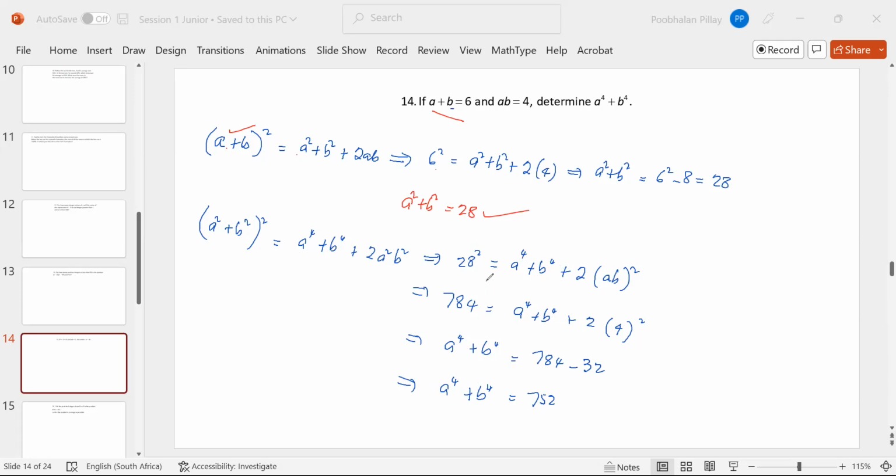It's equal to 28 squared, and you take that to the other side. 28 squared is 784. ab is 4, so 4 squared is 16, times 2 is 32. So it's 784 minus 32. And there you have it: a to the fourth plus b to the fourth is 752.